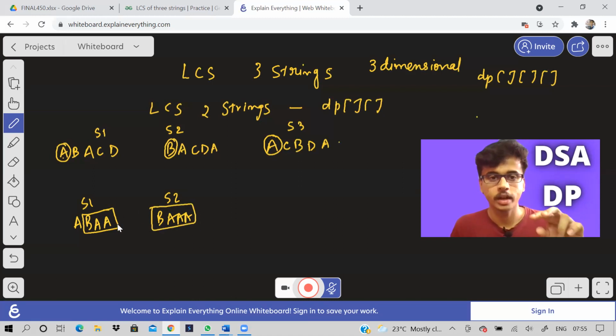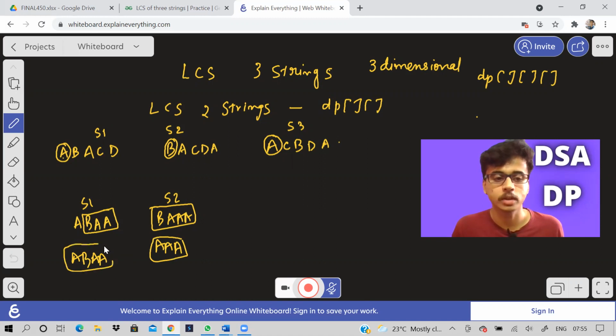So either this combo or we would check this combo, right? We would neglect either character and we would check for the best possible answer out of these two. So these two options were there for us when we had two strings.